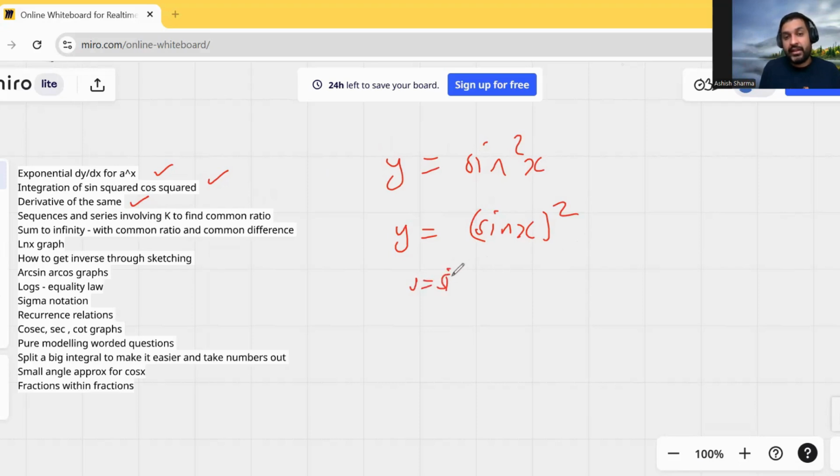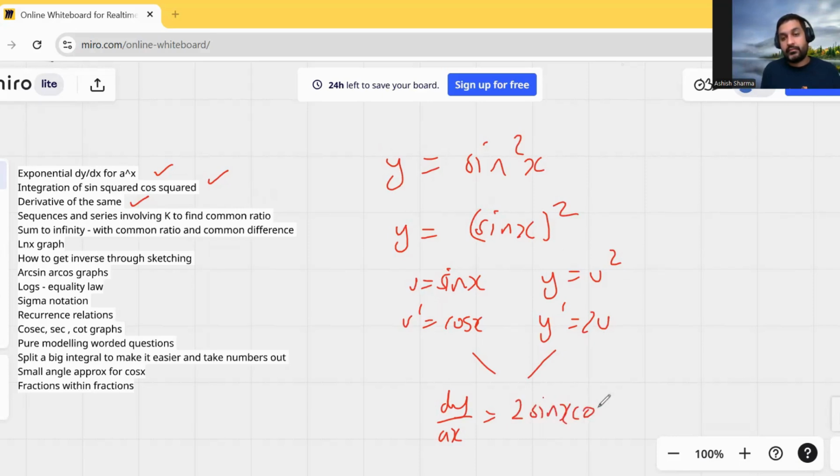Okay, so what's your inner function? How do you write that in terms of u? And you differentiate that. Okay, so that's the derivative there. And you can apply the same principle to cos squared x as well.